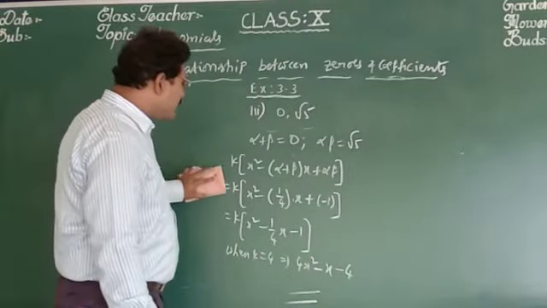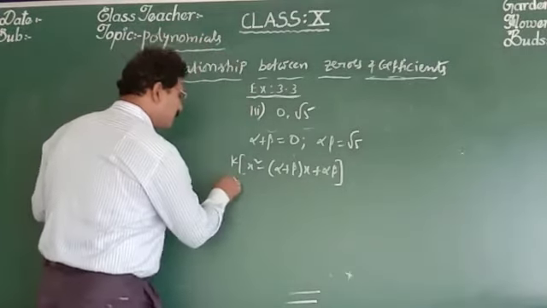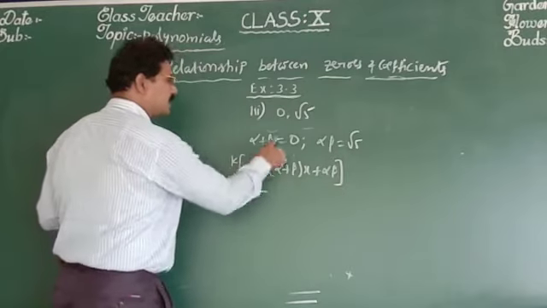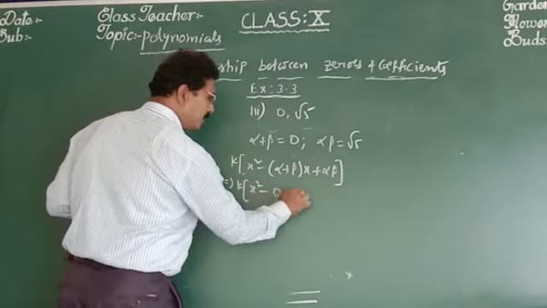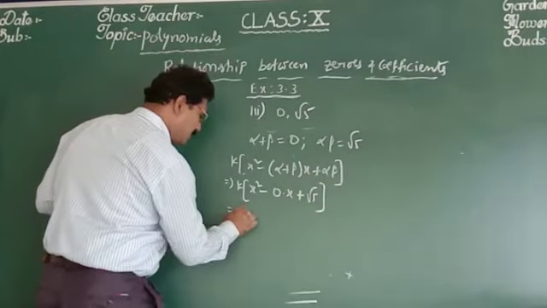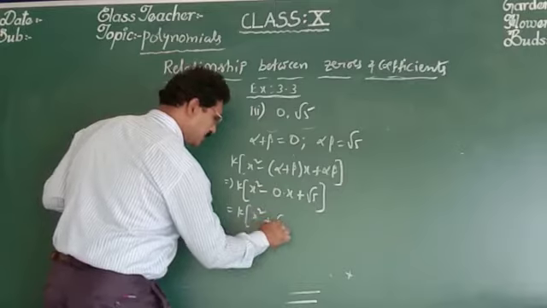Now k of x square minus alpha plus beta into x is the same. So k of x square minus the sum alpha plus beta, which is 0, into x plus alpha beta, which is root 5. So it equals k of x square plus root 5.